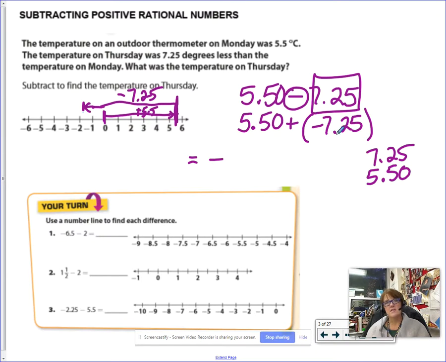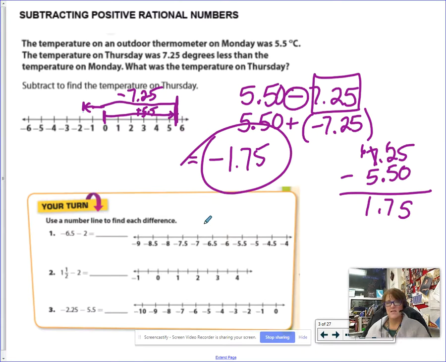Remember, different signs, difference. The answer is 1.75 or 1 3/4 or 1 75/100. It's kind of hard to illustrate on a number line, which is why, for me at least, it's easier to line up the decimal points and do it that way.